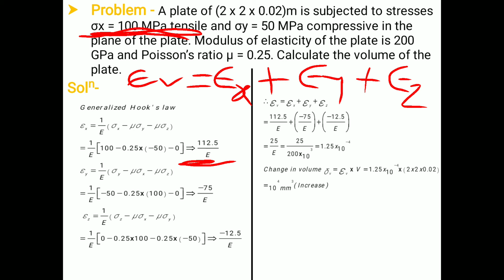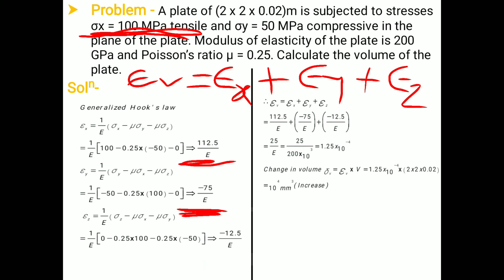After putting the value of sigma x and sigma y and mu, I have strain in y direction equal to minus 75 upon E. Now we have strain along z direction also in the same manner, minus 12.5 upon E. Remember that even though the value of sigma z is not given in the numerical, we have the value of strain along x, y and z direction. It's a superimposed or combined effect of the stresses.